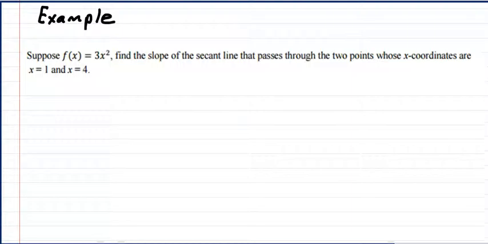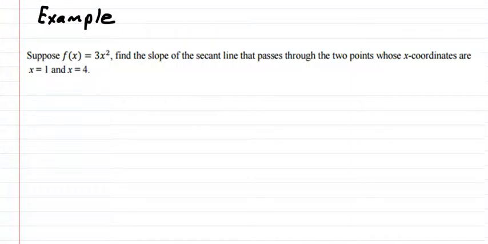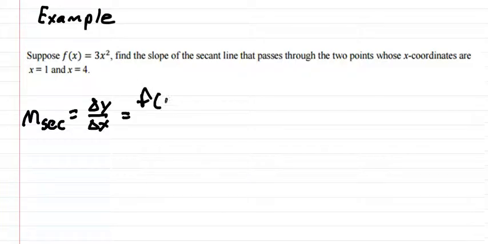Okay, so an example. Suppose f of x is equal to 3x squared. Find the slope of the secant line that passes through the 2 points whose x coordinates are x equals 1 and 4. So the slope of the secant is equal to the change in y over the change in x. And here that is equal to f of 4 minus f of 1 all over 4 minus 1.